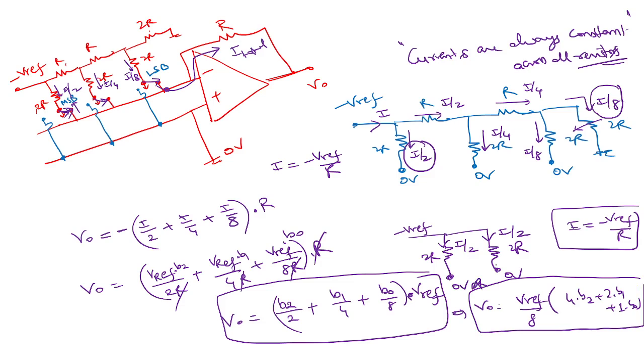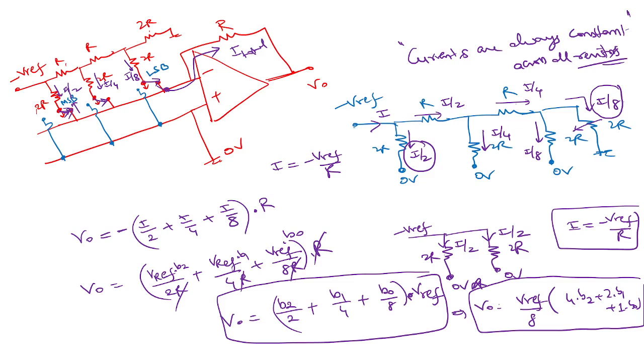You just take any combination of B2, B1, B0. Are you getting it? Either you connect it to the inverting terminal so that the current will go to the output, or you give it to the non-inverting terminal. Are you getting it?